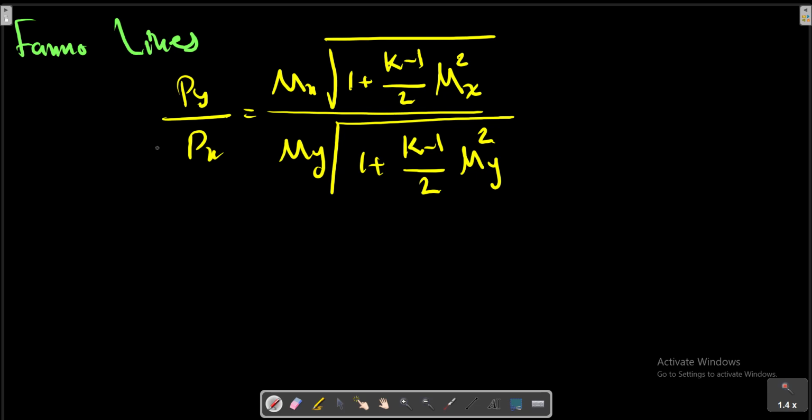The momentum and continuity equations can be combined as follows to give the equation of the Rayleigh line.